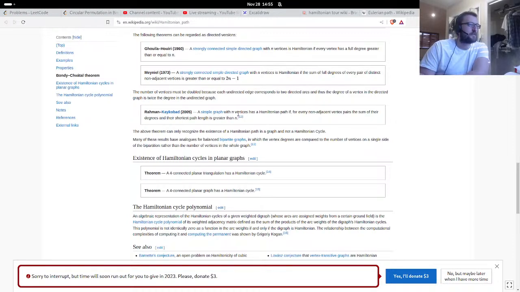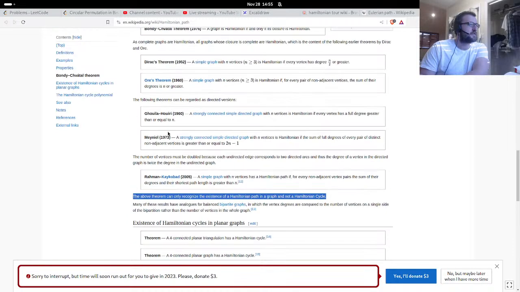A simple graph with n vertices has a Hamiltonian path if, for every non-adjacent vertex pair, the sum of their degrees and their shortest path length is greater than n. Oh. Interesting.